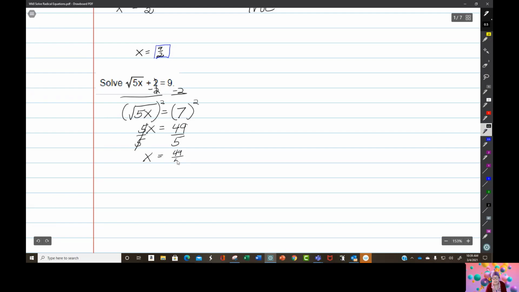Do we really have to check the answer? Yes. The square root of 5 times x plus 2 equals 9. So the square root of 5 times 49 over 5 plus 2 equals 9.